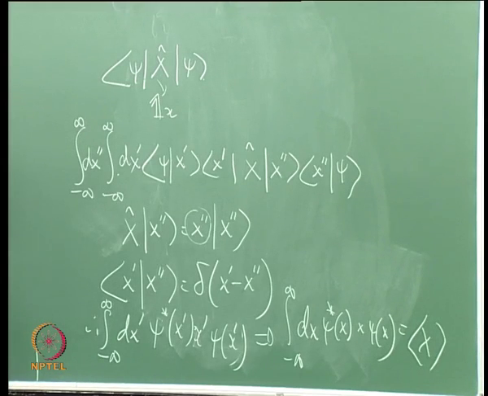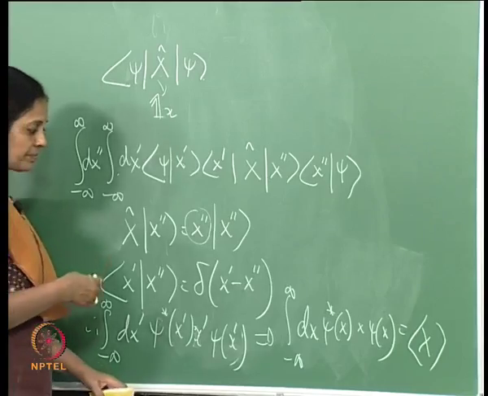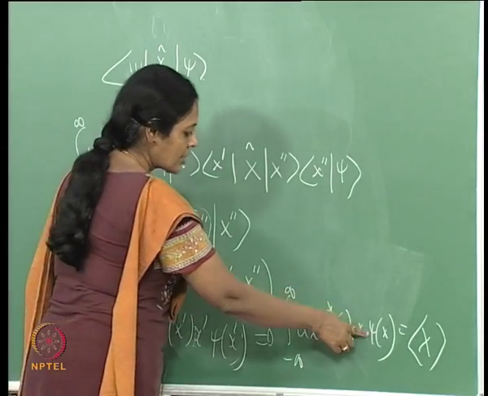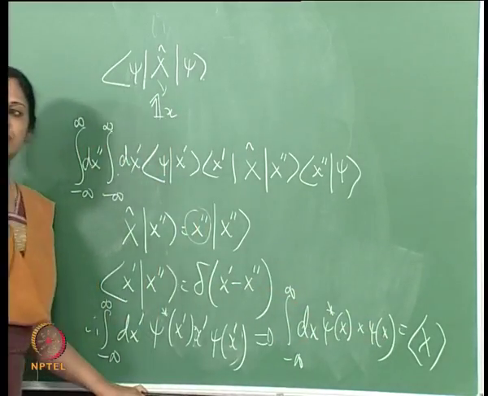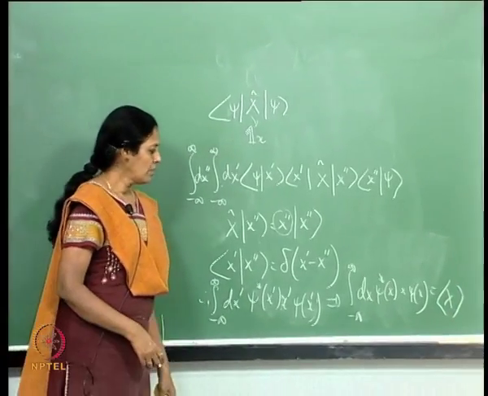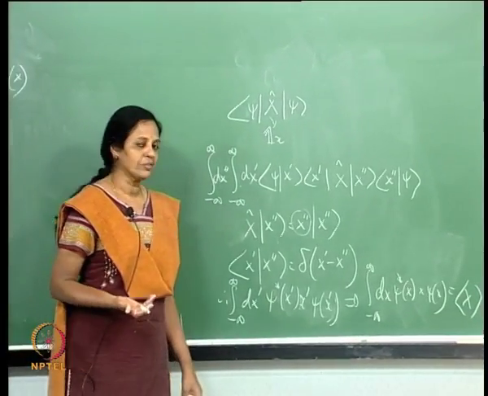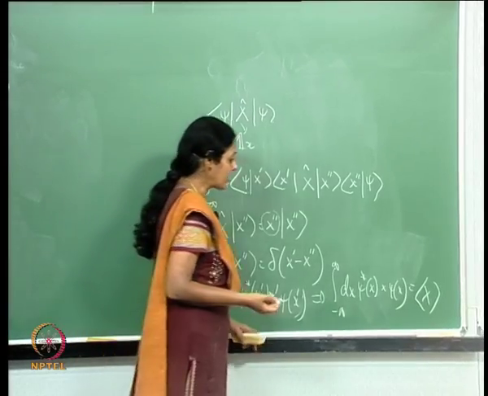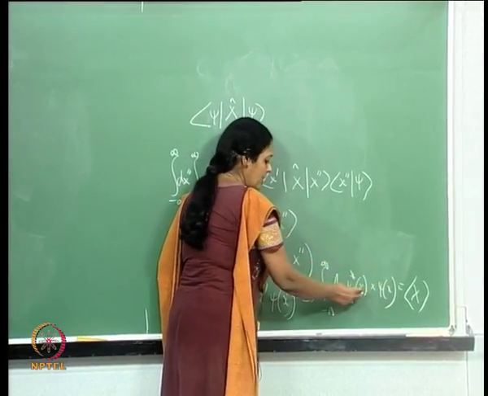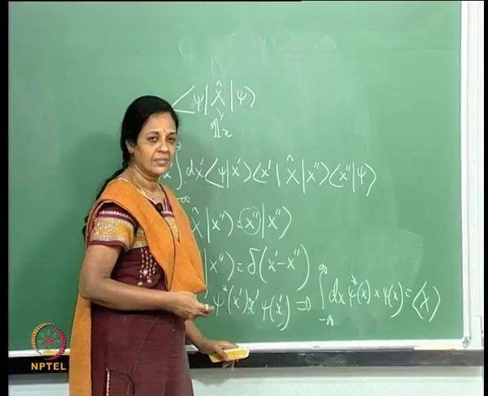Now let us look at the harmonic oscillator states. The state psi of x has a definite parity. Perhaps we are looking at the ground state of the oscillator. Then psi of x is an even function of x, and so is psi star of x.